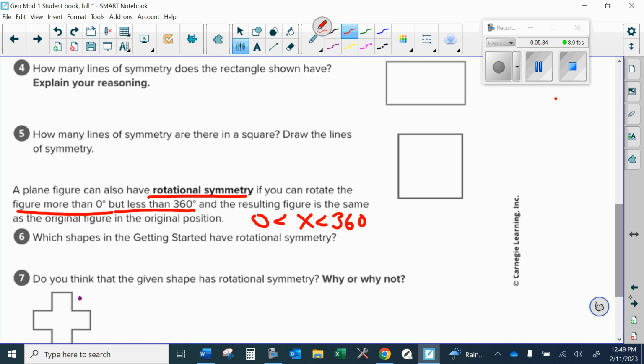And all you've got to do on a regular polygon is do 360 divided by the number of sides, or number of angles. Okay, that gives you the first rotational symmetry for that polygon.